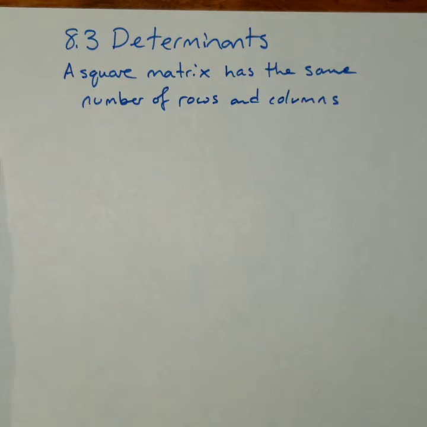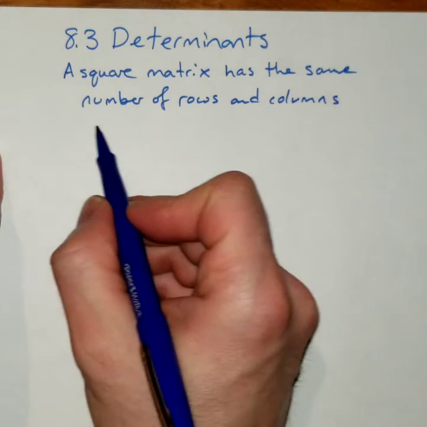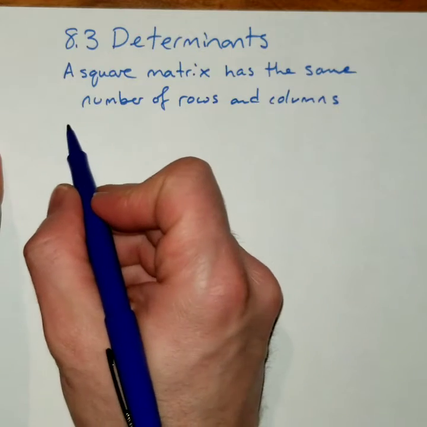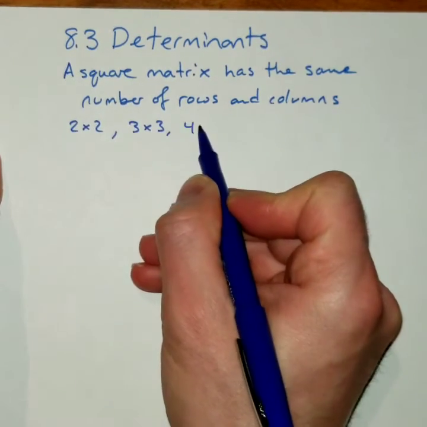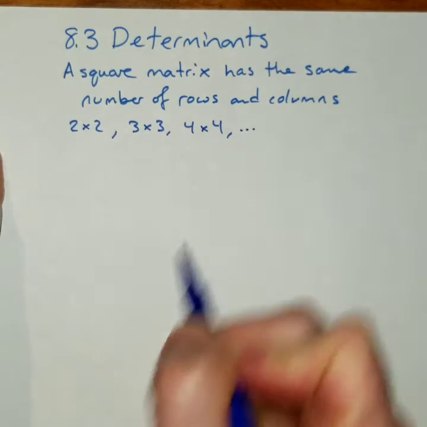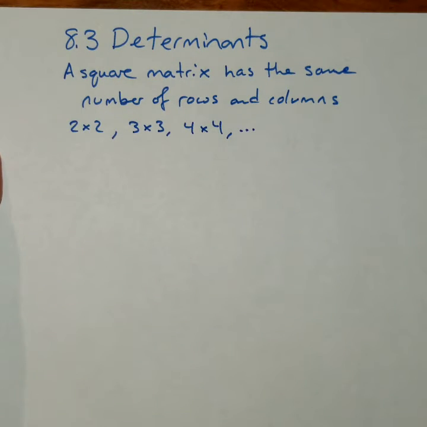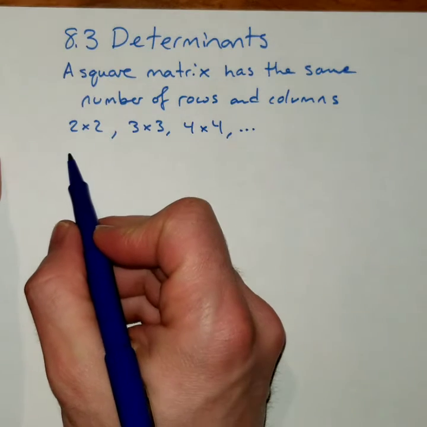So when we do the R by C, or the row by column, it's going to be the same. So for instance, a 2 by 2 or a 3 by 3 or a 4 by 4, etc. Those are your square matrices. Now, all square matrices have a determinant.